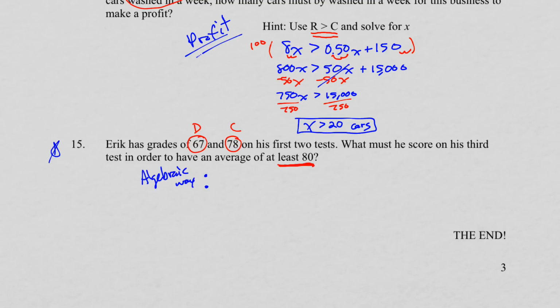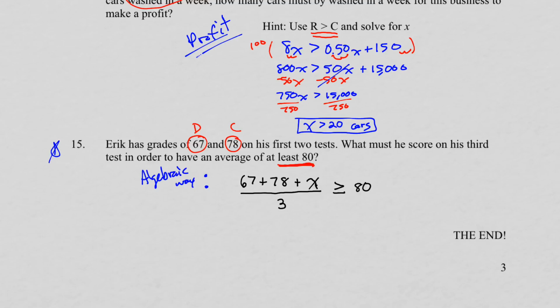So if we're setting up an actual equation or inequality, here's the first 2 tests. What do you have to make on the next test, which is an X, that's the unknown, and you want the average of those 3 tests to be either equal to or greater than an 80, okay?